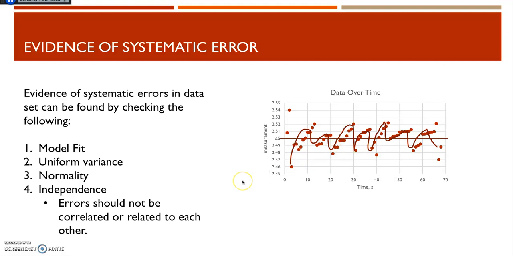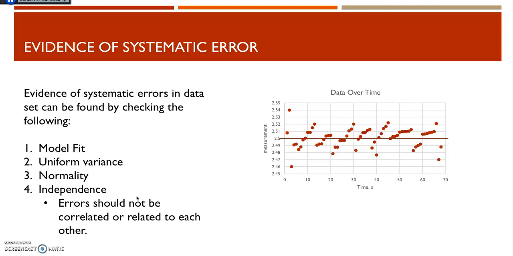So, to conclude, if you can check these things off your list, and you have an appropriate model fit, and you have uniform variance, and you have normality, and you have independence, then you don't see any evidence of systematic error in your data. But that doesn't mean that you don't have some, right?